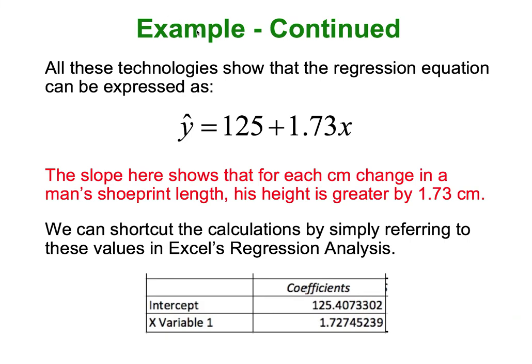Now, one of the next things that we're asked to do is to predict what the height of a man will be if his shoe print is a certain length. And you might want to look at this right here. This is a clue to what you want to do with one of the questions in that take-home.